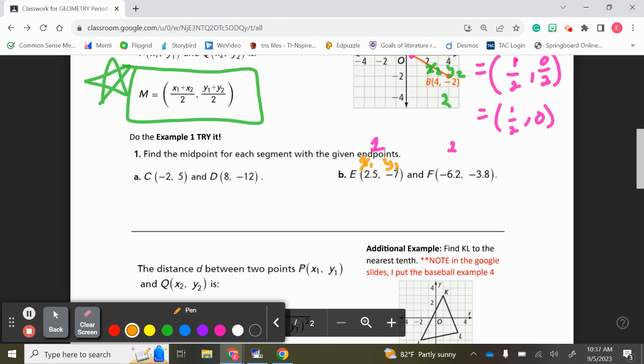For F, this will be x2, this will be y2. And then I substitute it in to this formula. So the midpoint is going to equal, in this case, I'm going to have 2.5 plus a negative 6.2, all divided by 2.